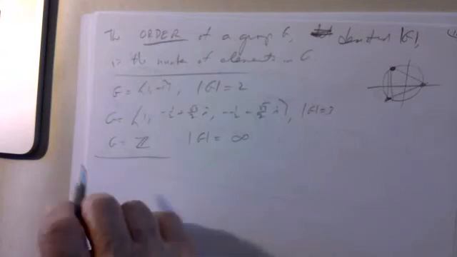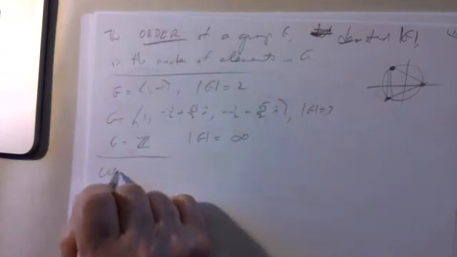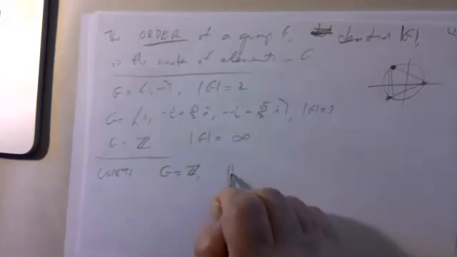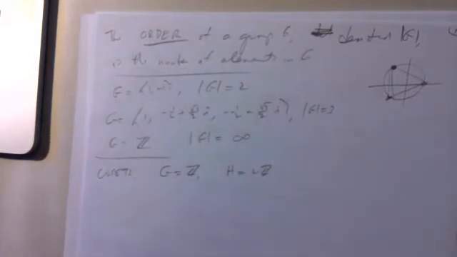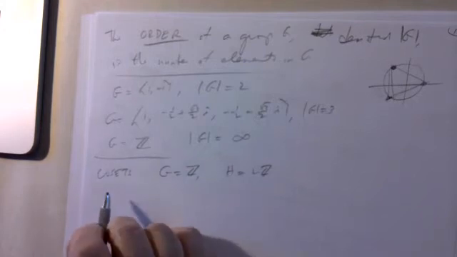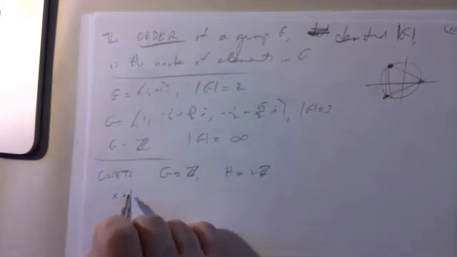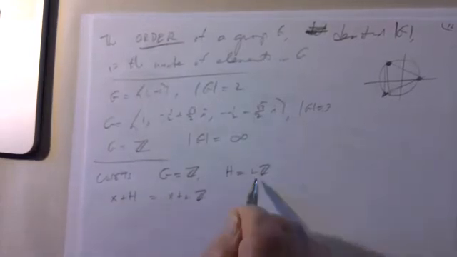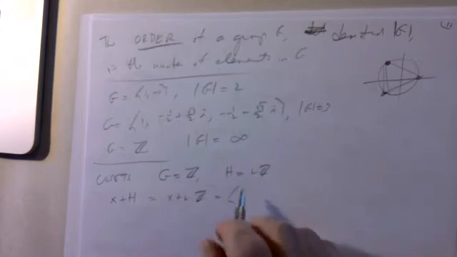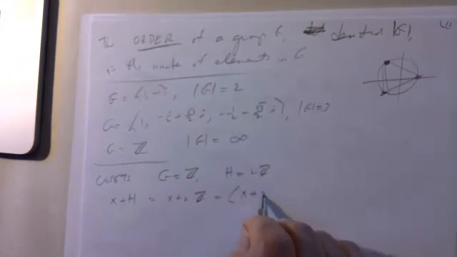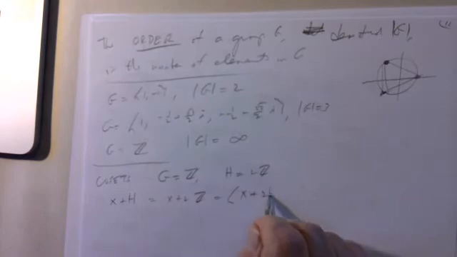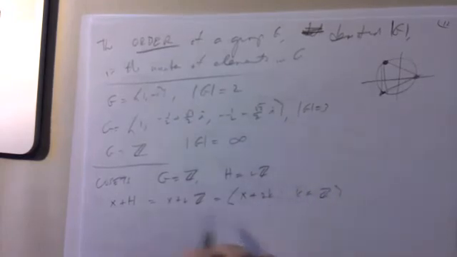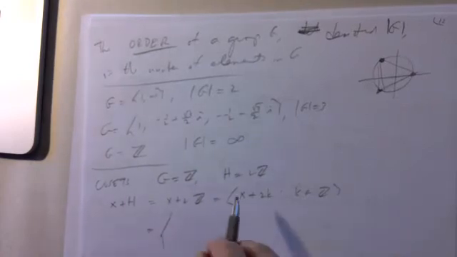So let's look at some simple cosets. Suppose we take G to be the integers and H to be the even integers. So what is x plus H? That's x plus 2Z. So this is all numbers of the form x plus 2k, k any integer. So there are two possibilities.